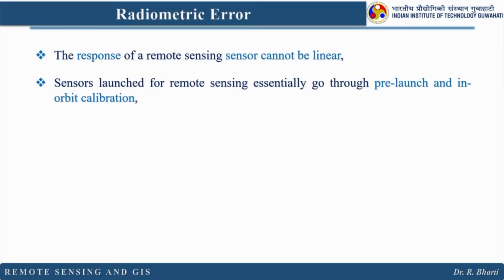Now, the second point is sensors launched for remote sensing essentially go through pre-launch and in-orbit calibration. Whenever we are designing a satellite, that satellite will carry some payloads, and payloads are basically your sensors, and sensors consist of detectors, and detectors are basically to be calibrated.